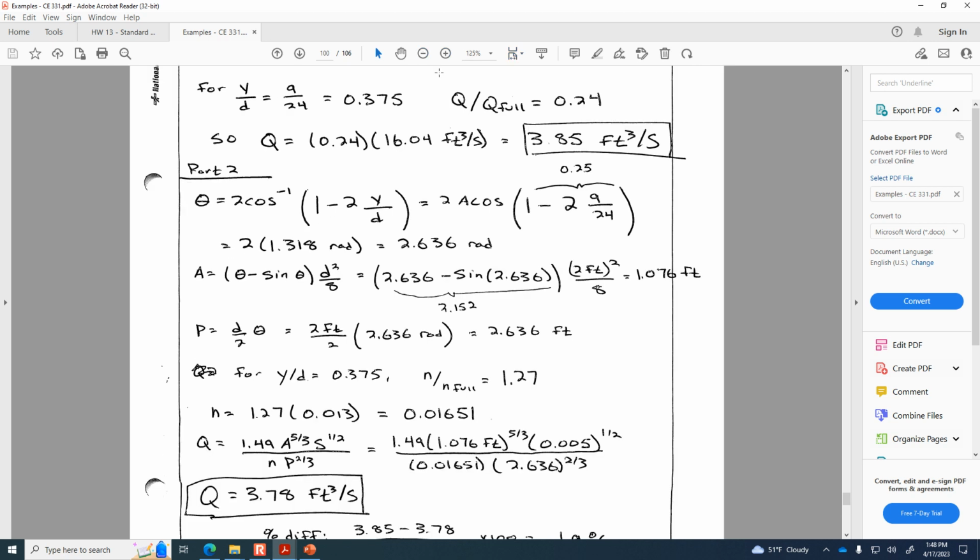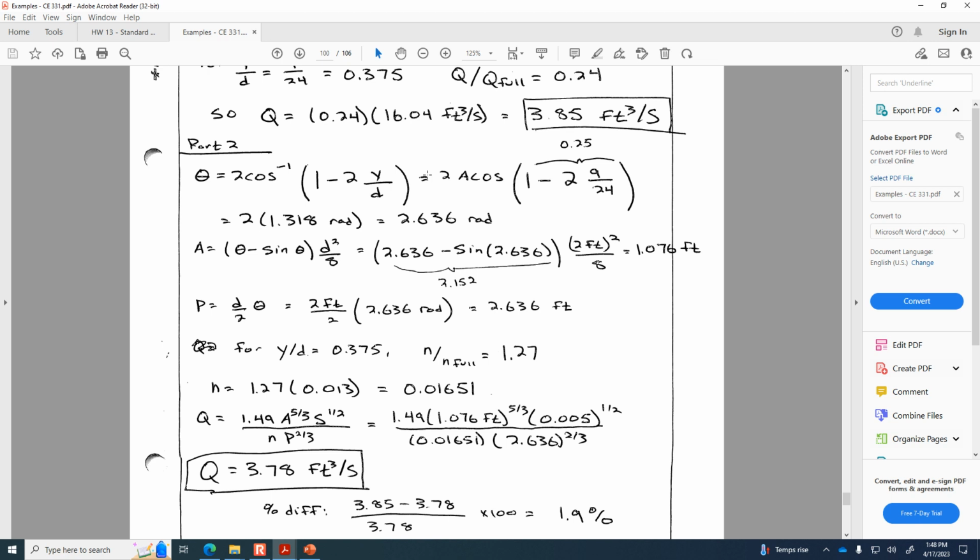Now that's not exactly the same as when we calculated it the other way by the nomograph, but keep in mind that we're using this nomograph and I'm just kind of dragging my finger across the paper. So it makes sense that there's going to be some variation, and on a percent basis, actually, these two answers are very close. 3.85 versus 3.78 is less than 2% difference, according to these two different approaches.